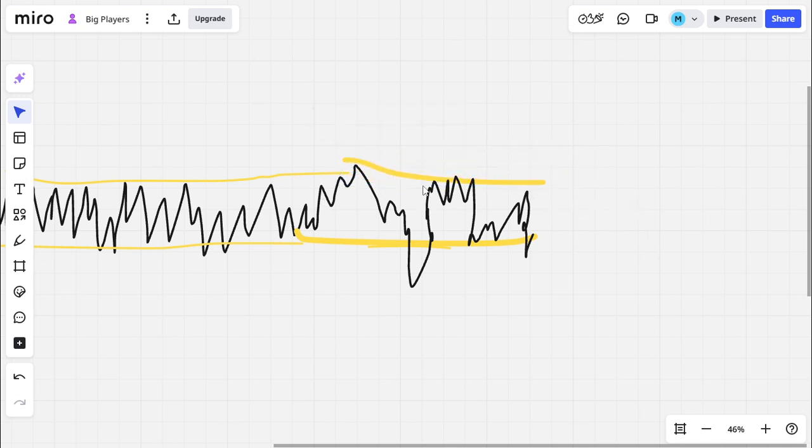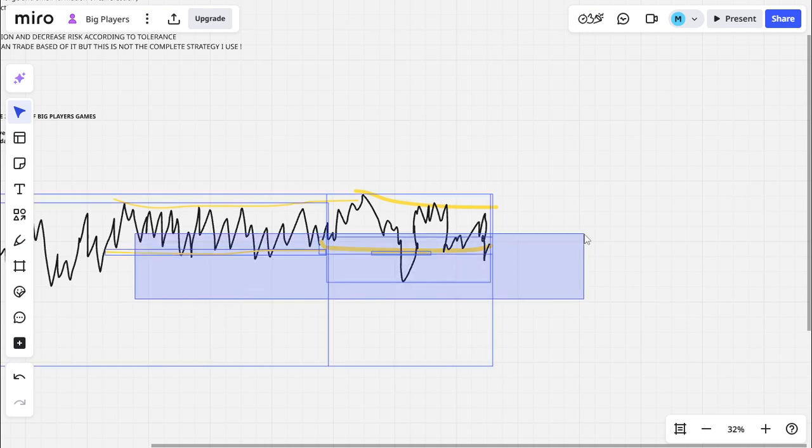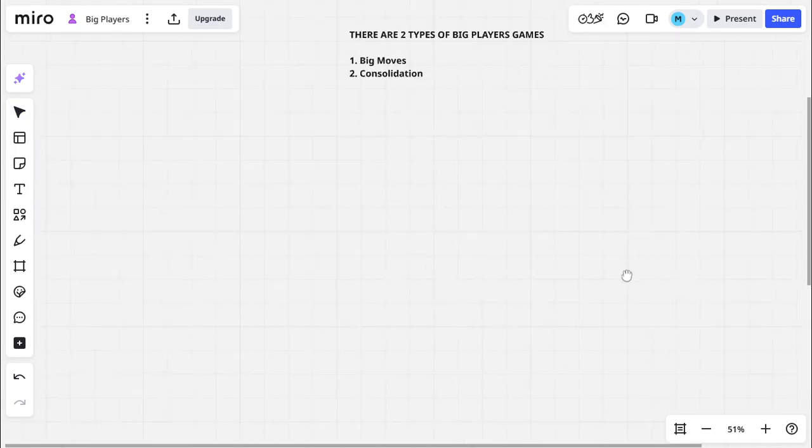So this is our consolidation phase. Now guys, after so many liquidity hunts, let's clear all this and see it in detail once again. Sorry for taking a lot of time in all this. Let's understand.